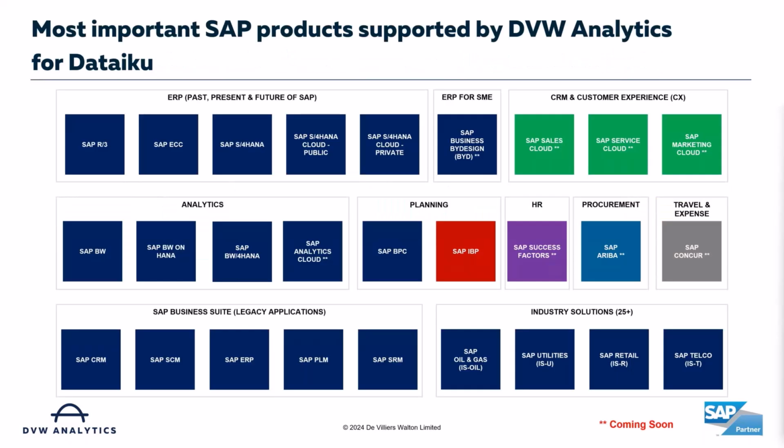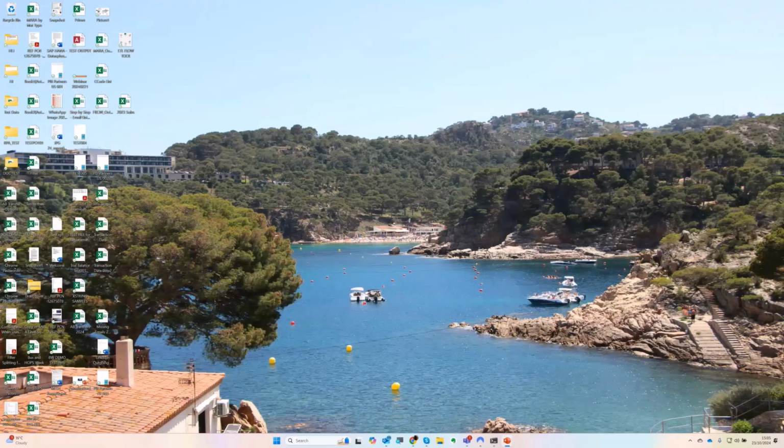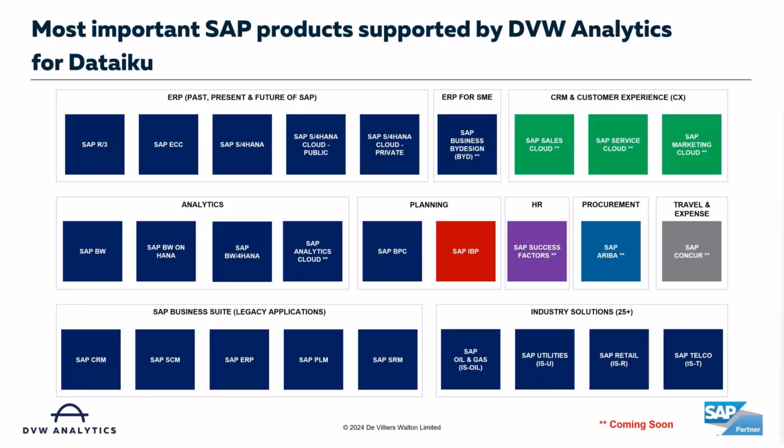Okay, so here's a key slide. I mentioned in the introduction SAP ECC, SAP S/4HANA, SAP BW. Essentially, any of the SAP products that run on the ABAP stack are supported today by our Dataiku Connector product. So this could be the old R3. I know some of you will still refer to your SAP systems as R3.